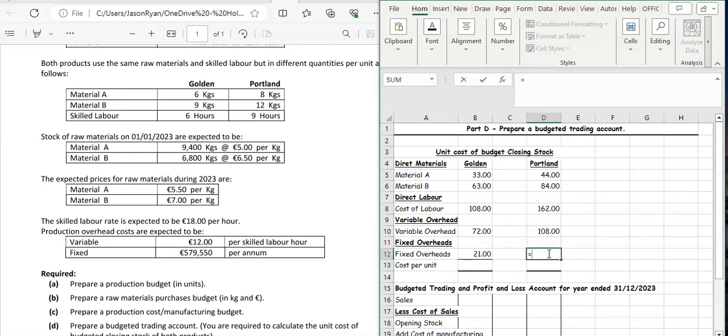And the same then for Portland. It's going to be 9 multiplied up by €3.50. I'm going to add each of these up, and that's going to tell us what is the cost of producing 1 unit.